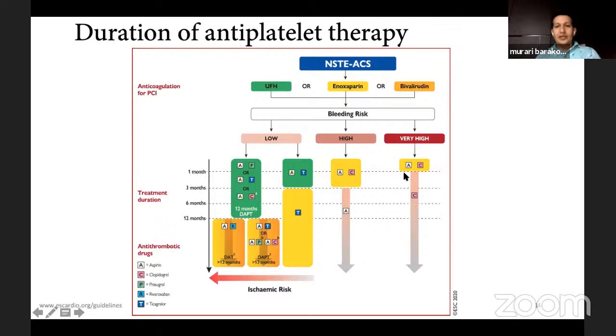If very high risk, we can drop off aspirin after 1 month, so that we continue for 12 months of clopidogrel. So these all have been tested in studies. That's why they are given in the guideline.